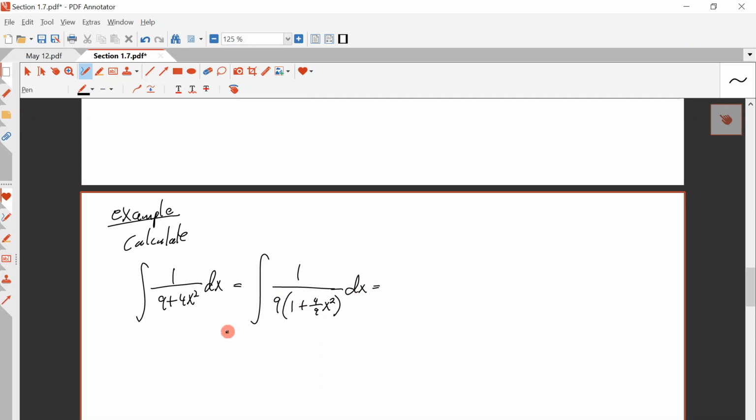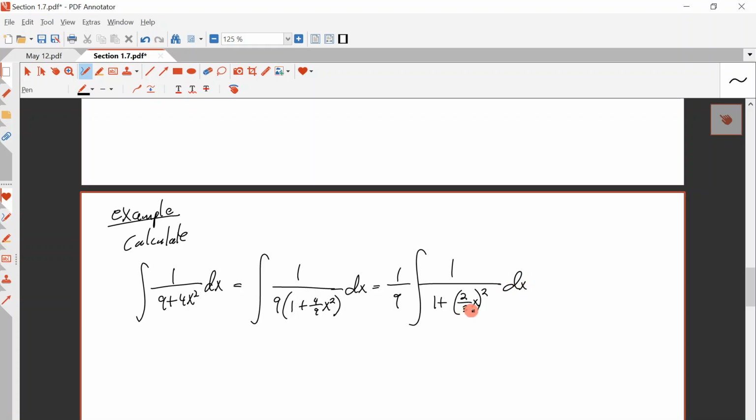Let's bring that 1 ninth out front. 4 over 9 x squared is actually the same as 2/3 x, the whole thing squared, right? 4 over 9 is a perfect square. It's 2/3 squared, a rational square, as they call it. So this is 1 plus 2/3 x, quantity squared.